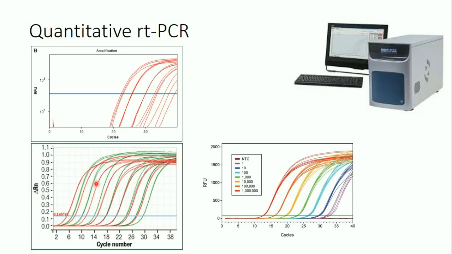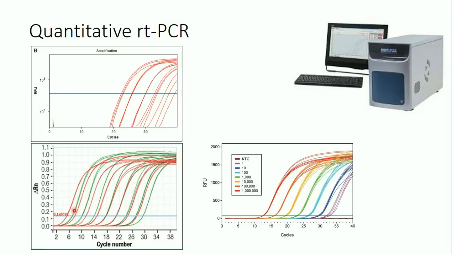When we have a higher amount of DNA at the beginning, the amplification curve will go faster. And when we have a very little amount of DNA from the beginning, the amplification curve will start to increase with a delay.